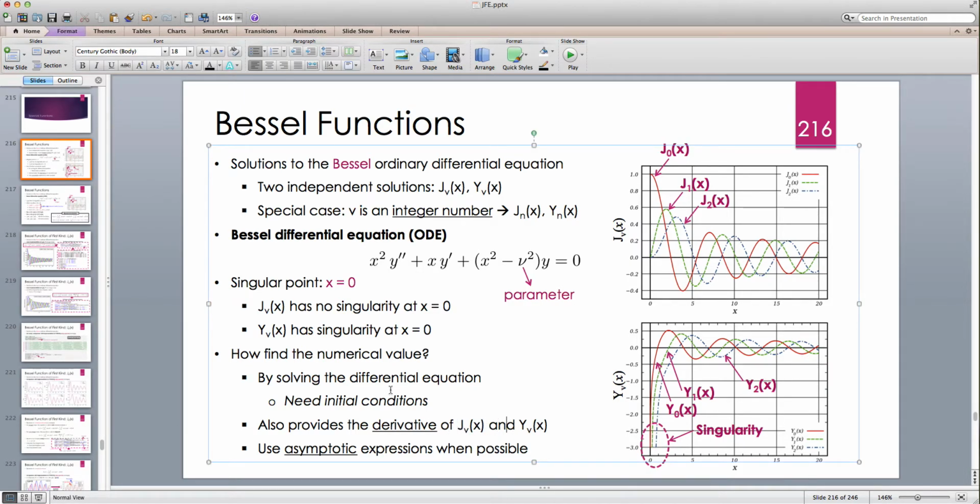Well, it turns out there is a relation between j nu prime and the values of the j nu function. So we do not actually need to calculate j nu prime directly. We can calculate two j nu functions with different nu values and then relate them to j nu prime, and we will see that later.